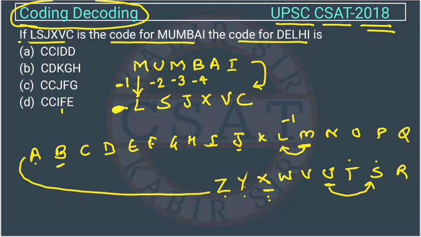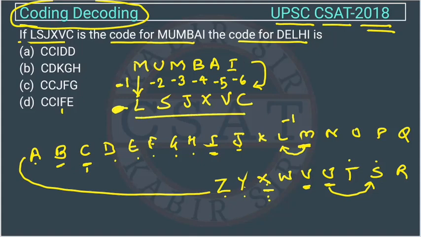Now A is being converted into V: first, second, third, fourth, fifth. So backward, 5 steps. Now similarly, I is converted into C. First, second, third, fourth, fifth, sixth position backward, so -6. So this is the logic they have used to convert Mumbai into this code.